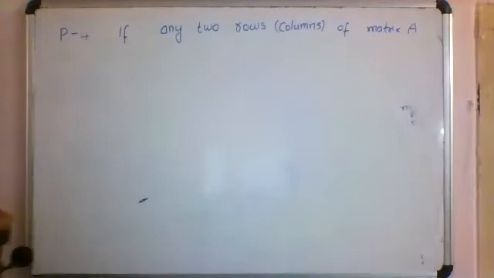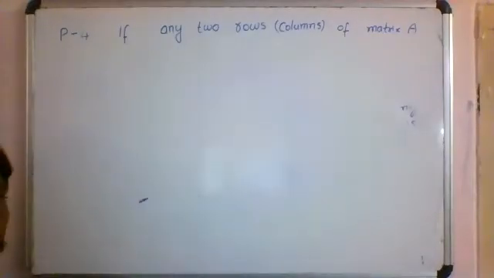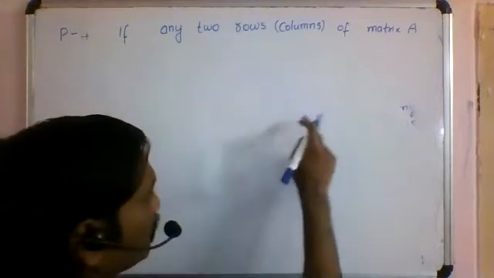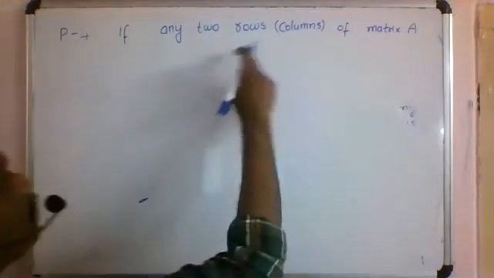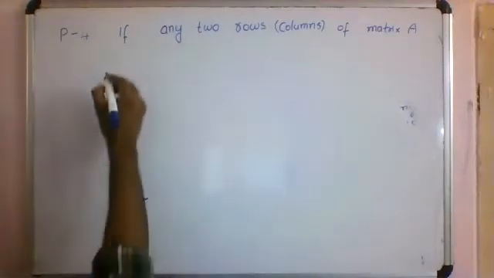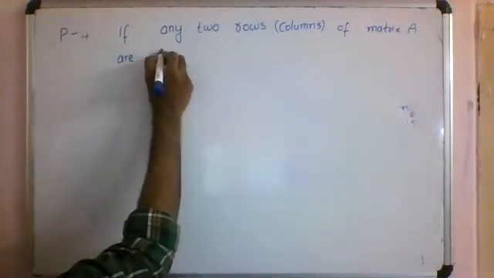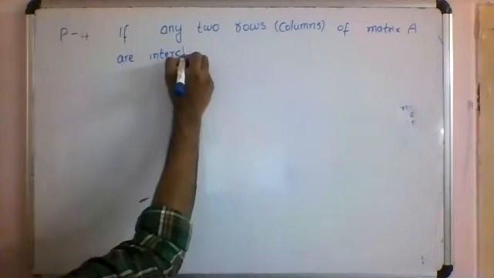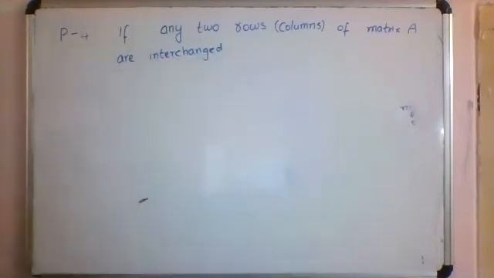you keep in mind that A is a third order square matrix, which I wrote as A1, B1, C1, A2, B2, C2 like that. Or you can take any matrix. So if any two rows or columns of a matrix A are interchanged, then what happens to its determinant?